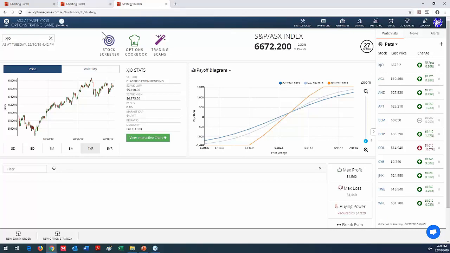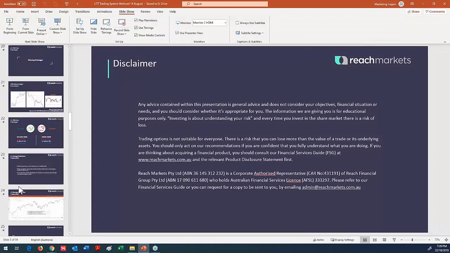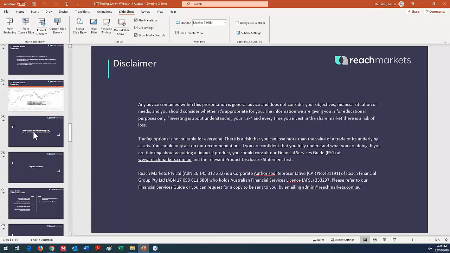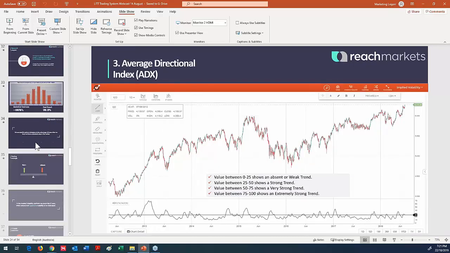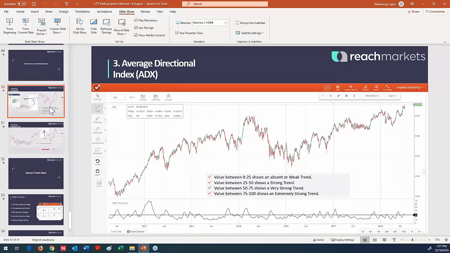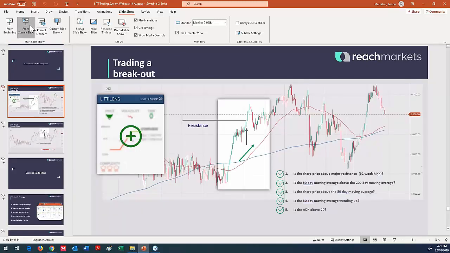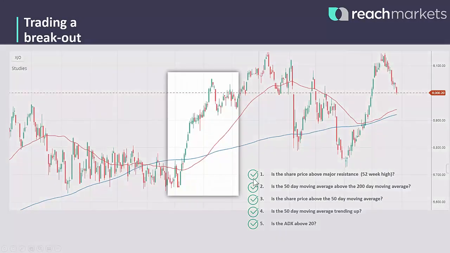So going back to a very quick explanation of what we look for on a lit long. Just one moment and I'll bring up a chart. When we're trading a lit long, we're asking ourselves a couple of questions.